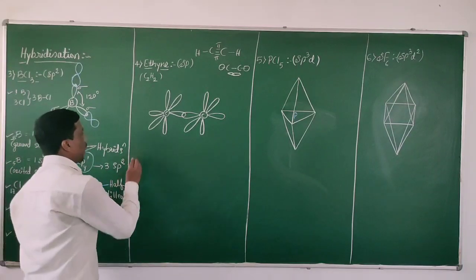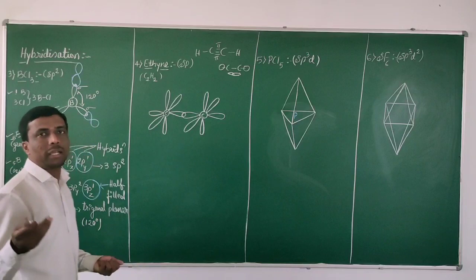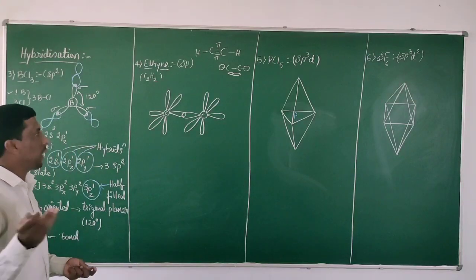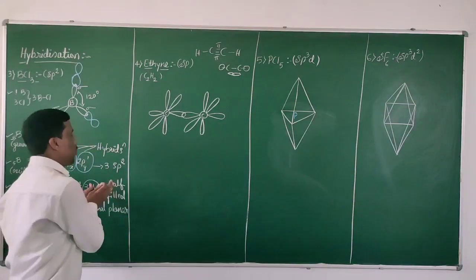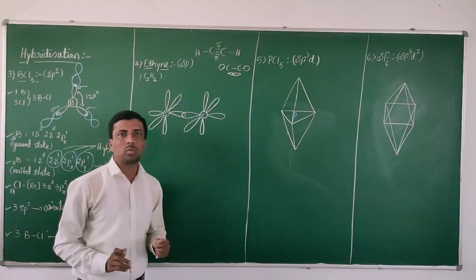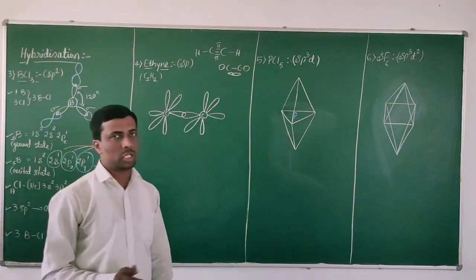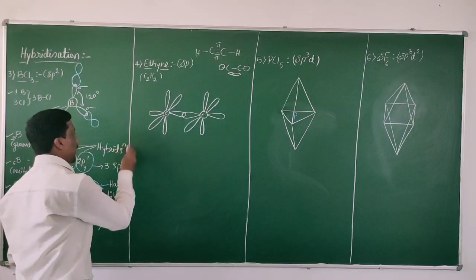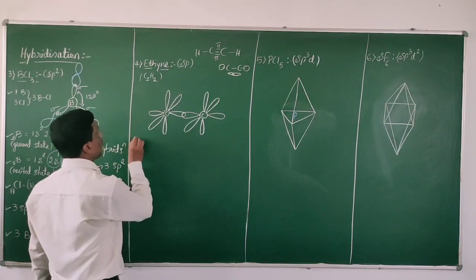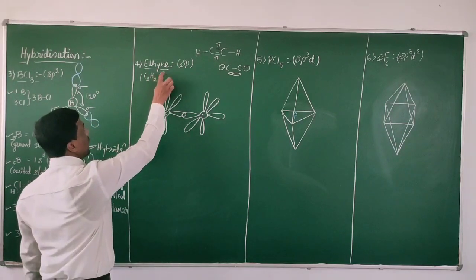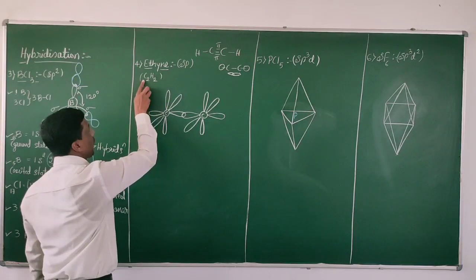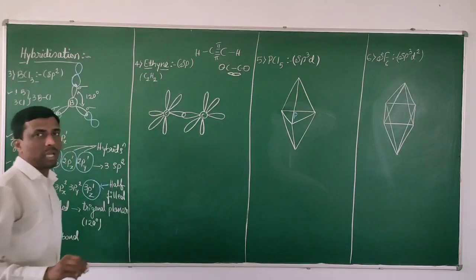I will write directly the excited state configuration of the carbon. You already know about the ground state electronic configuration of the carbon. Now directly excited state. Here one more point: in ethyne molecule, two carbon atoms are there, two hydrogen atoms are involved.